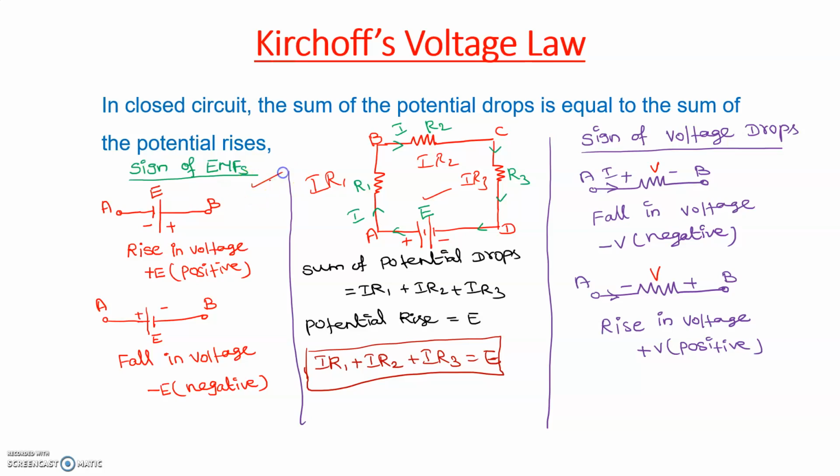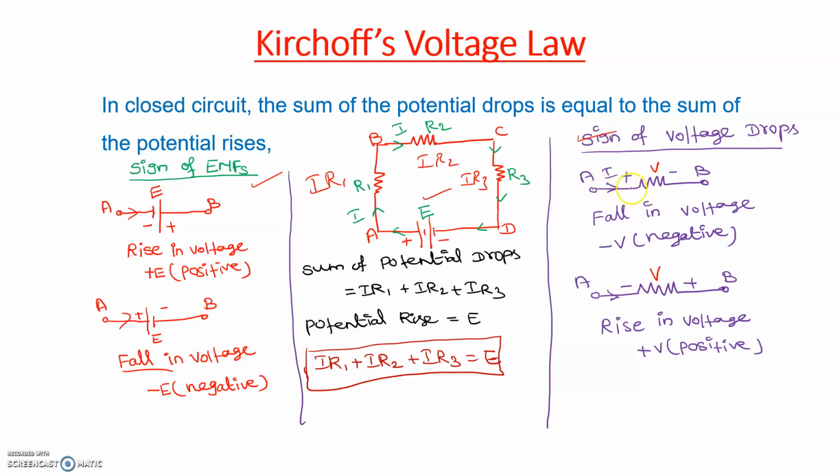For the sign of EMF, if the current is traveling from A to B, that means it is entering at the negative terminal and leaving at the positive terminal. This is considered a rise in potential, which means it is plus E. If the current is traveling from plus to minus, it is considered a fall in potential, minus E. Similarly, the sign for voltage drops.